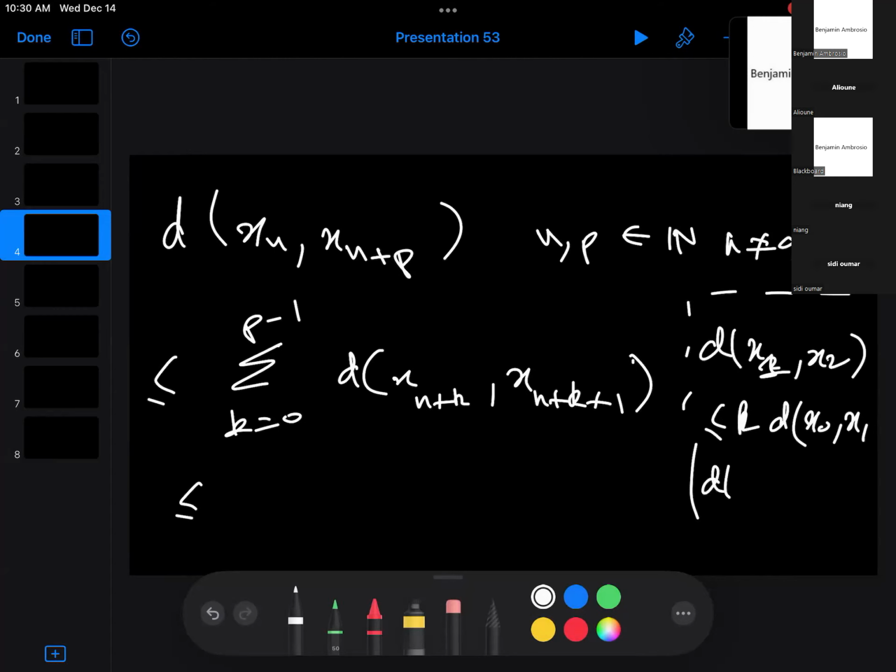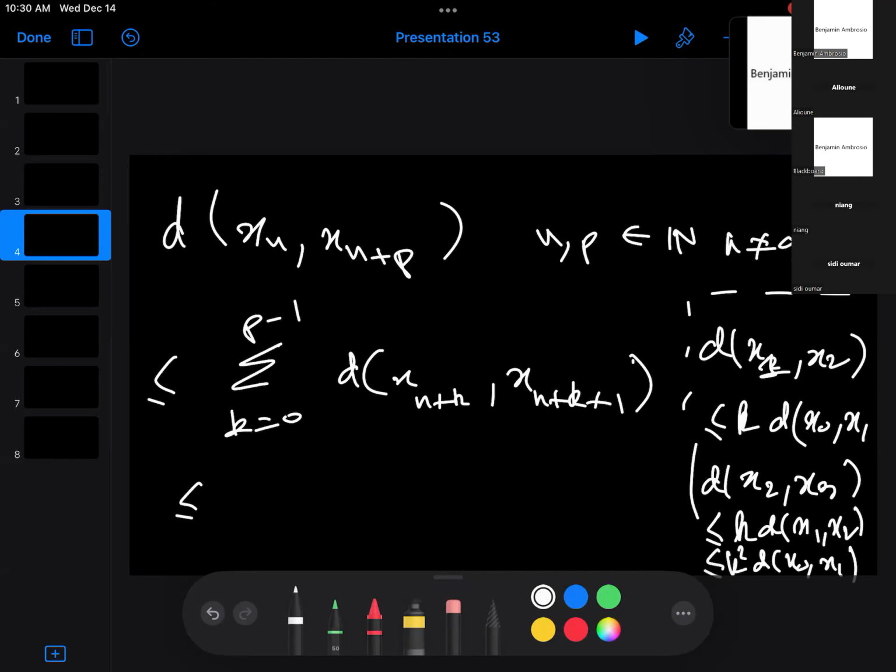And if you do d(x_2, x_3) is less than k d(x_1, x_2), which is less than k squared d(x_0, x_1). So you can see to go from 0 to 2, you will have k squared. So I just applied that.